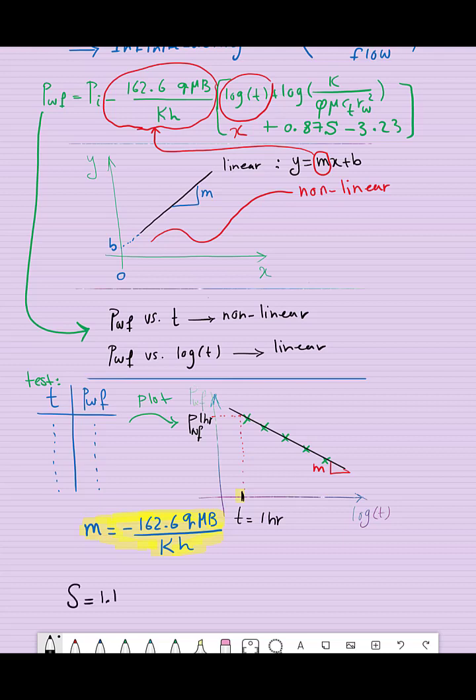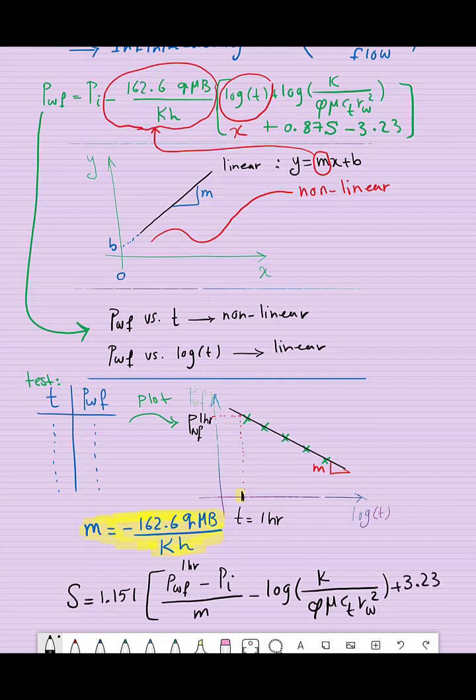The skin is going to be 1.151 times PWF at 1 hour minus PI over m, which is this m down, minus log of k over phi mu CT rw squared plus 3.22.